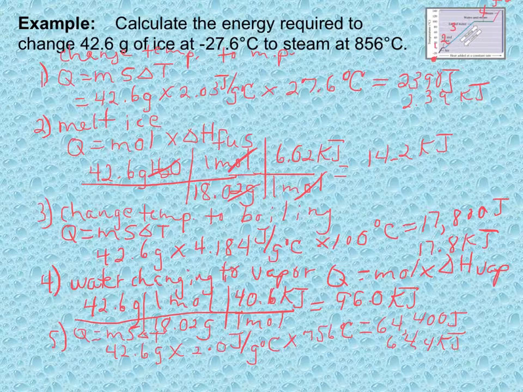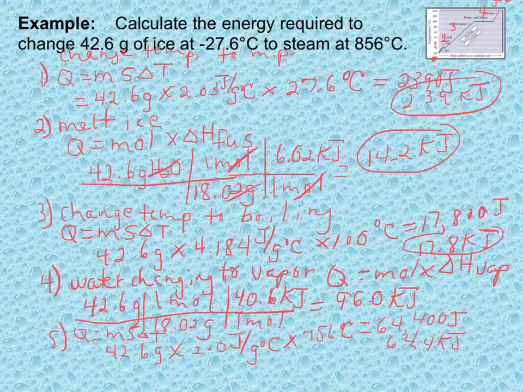So now what I want to do is take the answer for each step, 23.9 kilojoules, 14.2 kilojoules, 17.8 kilojoules, 96.0 kilojoules, and 64.4 kilojoules, and add them together because we want to know how much energy it takes to change the temperature from negative 27.6 up to the melting point. We want to melt it. We want to heat it up from 0 to the boiling point, 100. Then we want to boil it or vaporize it.